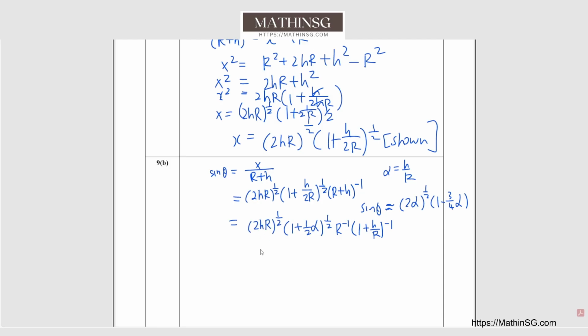So next, I'm going to combine these two together. So I have 2hr to the power of half. And then anything to the power of minus 1 is 1 over it. So r to the power of minus 1 is 1 over r. Okay, this one I already have my alpha. And now this, I have my h over r. I can change it to alpha already.